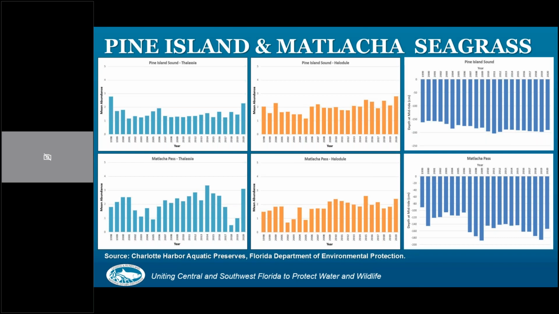So the top 3 graphics depict what's going on with seagrass in Pine Island Sound, and the bottom 3 are what's going on with seagrass in Matlacha Pass. So you can see here that the Matlacha Pass region is perhaps a little bit less resilient than Pine Island Sound.